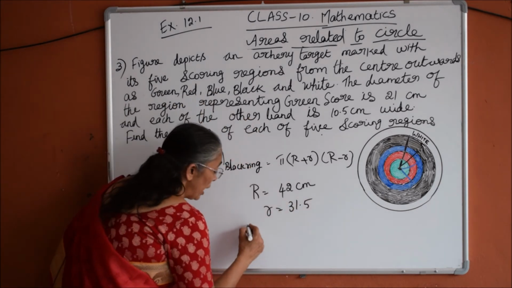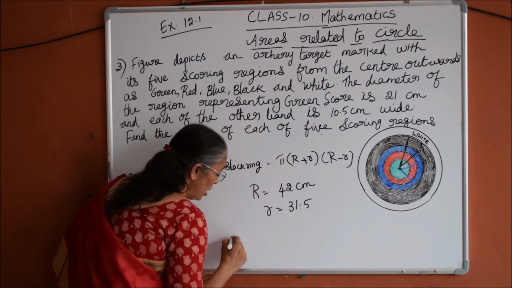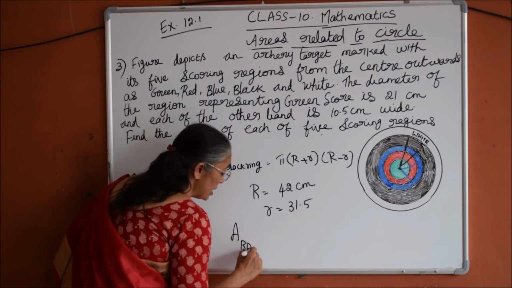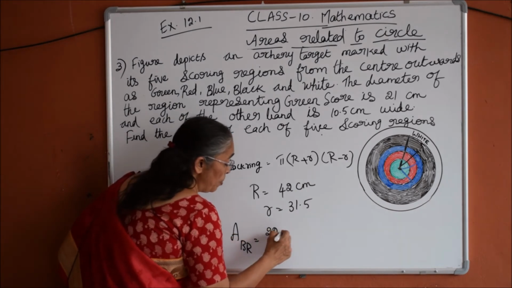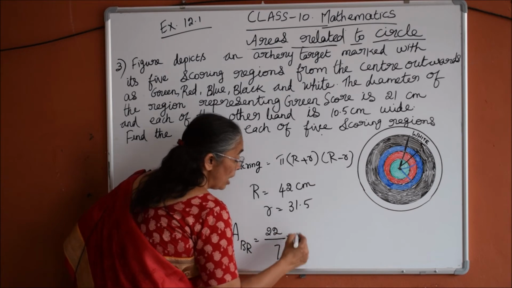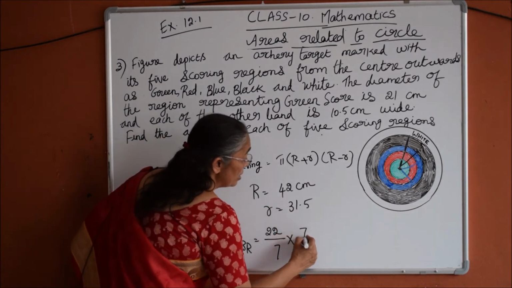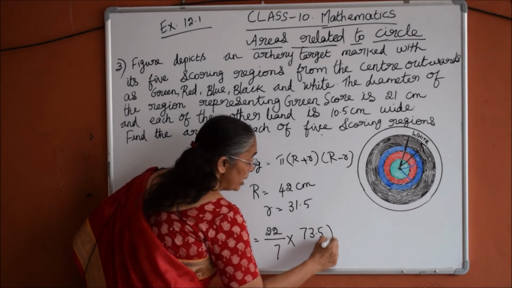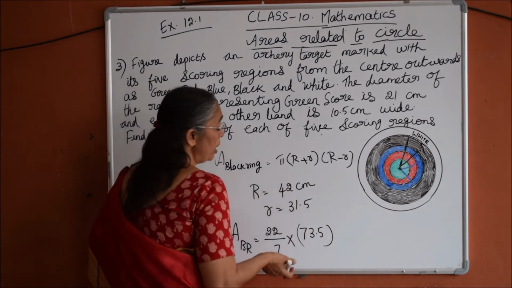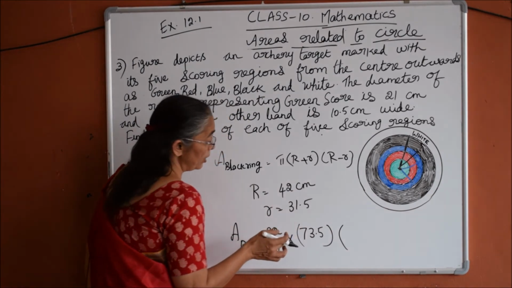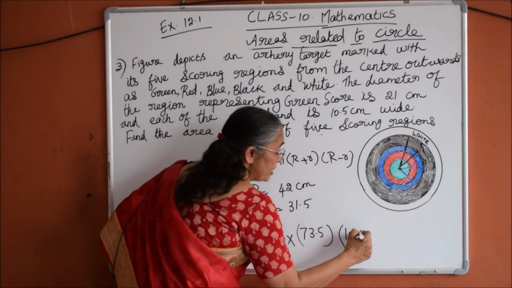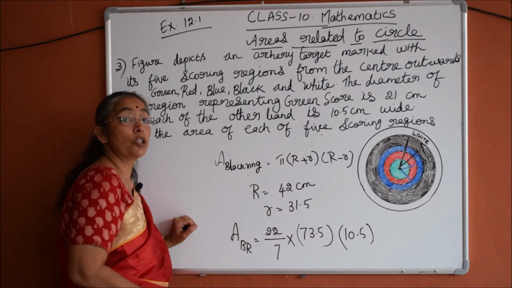Substituting in the formula, area of the black ring region is pi, 22 by 7, of R plus r, 42 plus 31.5, which is 73.5, into R minus r, as usual 10.5, which is always the width.